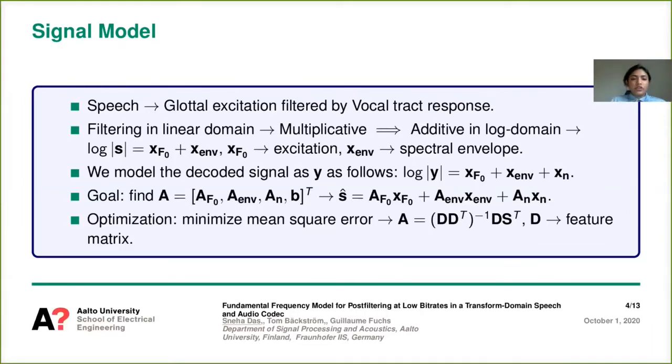The optimization criterion that we have followed is minimizing the mean square error, which finally yields the Moore-Penrose pseudo-inverse equation, which provides the optimal filter A. Note that capital D is a feature matrix.